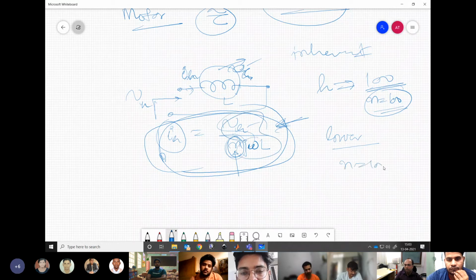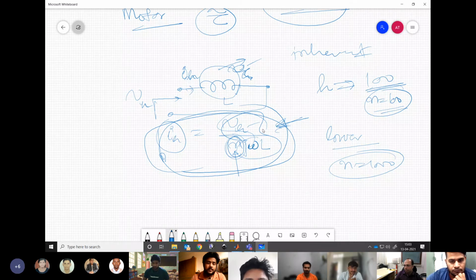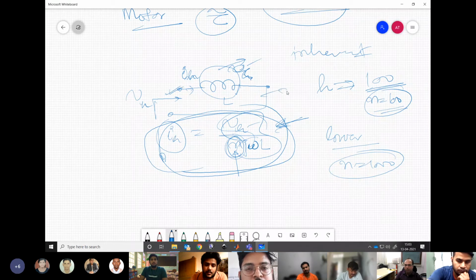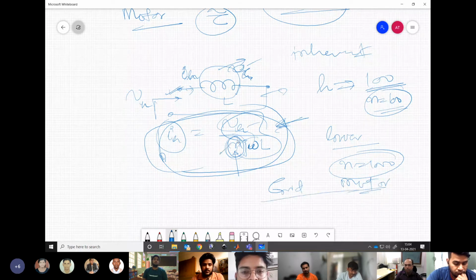If you go for n equal to 1000, it is already 1000th. Understanding my point? So going for a higher pulse number is always good. You always have this inherent filtering property, and this is true for any grid connected converter or motor. Everywhere you have an inductor automatically present.